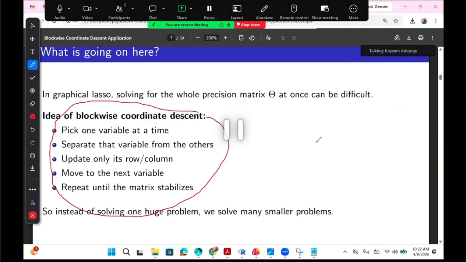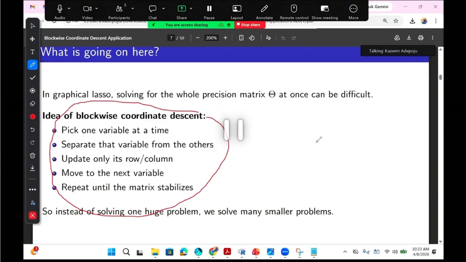Number one, we pick one variable at a time. You separate that variable from the others. You update only its row or column. After you're done updating, you go to the next variable, then repeat until the matrix stabilizes. That is the approach.